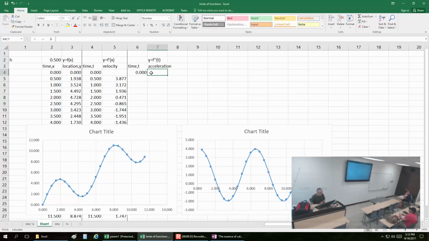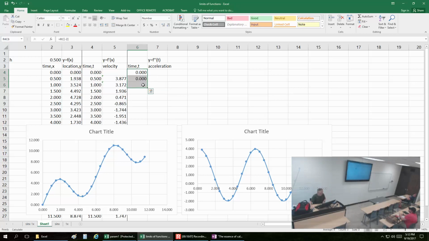As you can see, I cannot put the acceleration here at the very beginning of the time period, nor even here, because I don't have enough information. I have to have at least two data points for the velocity, so I have to start even here. Every time I compute a rate of change, I have one fewer data point. So this time I'm going to start over here.